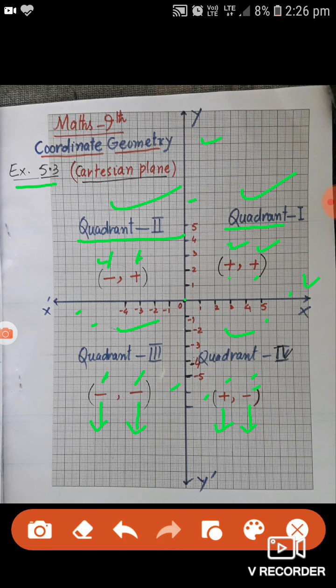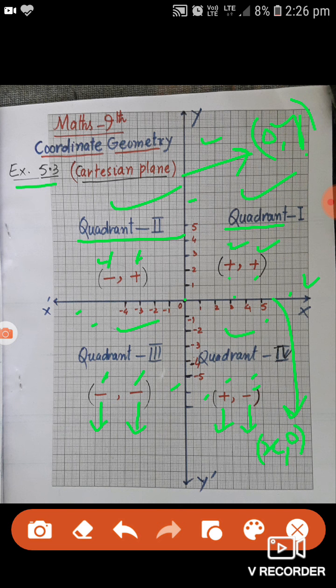Now similarly, a point on the x-axis will be of the form x comma 0, that is, it will have an x coordinate, abscissa, and its ordinate will be 0. Any point on the y-axis will be of the form 0 comma y, that is, abscissa will be 0 and ordinate will be any value.